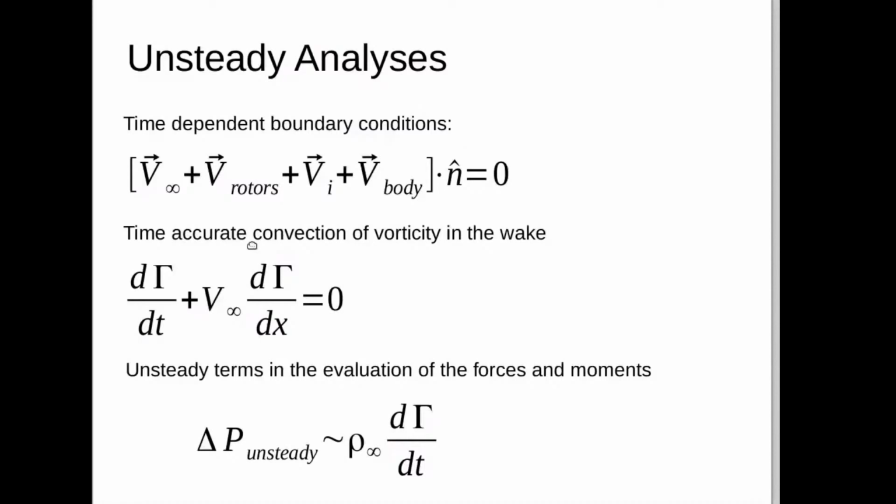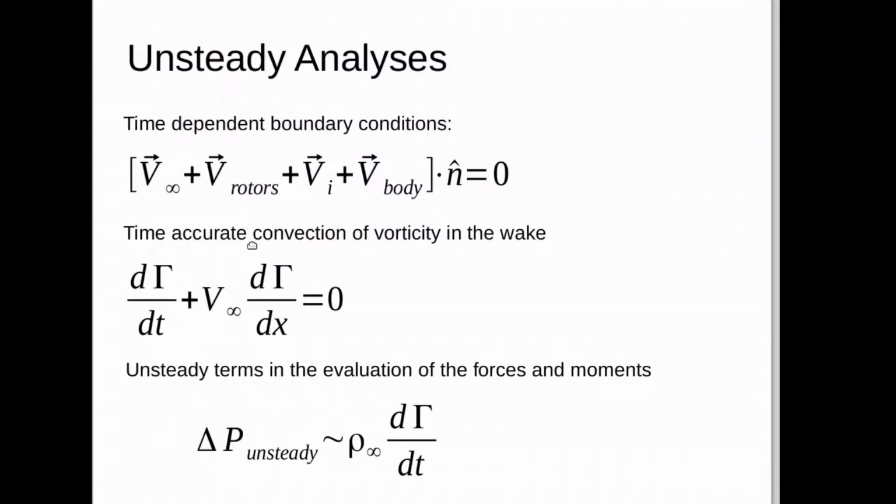The biggest thing here is that you've got pretty much 2 things that are going on. You've got time-dependent boundary conditions. So we have that basically tangency boundary condition that we had before, but now those rotors are moving, bodies are moving, wakes are obviously moving because they're unsteady now.